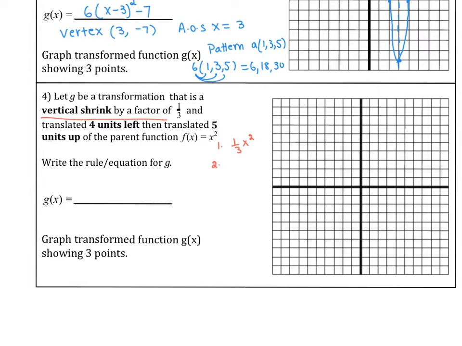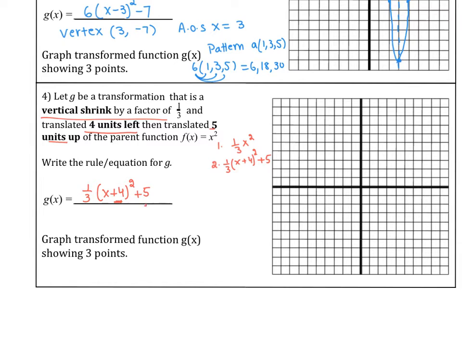So my final answer for g(x) is going to be (1/3)(x + 4)² + 5, because for left 4 units you're going to add 4 inside, and for 5 units up you're going to add 5 outside the function.